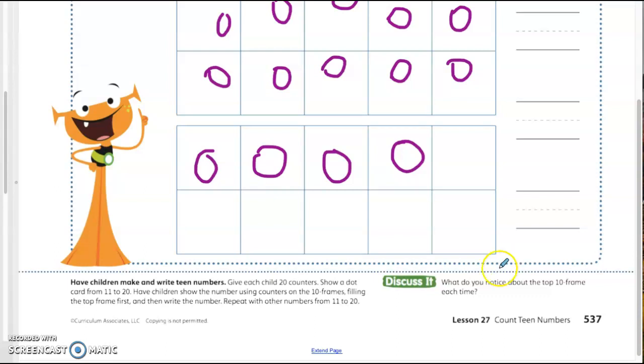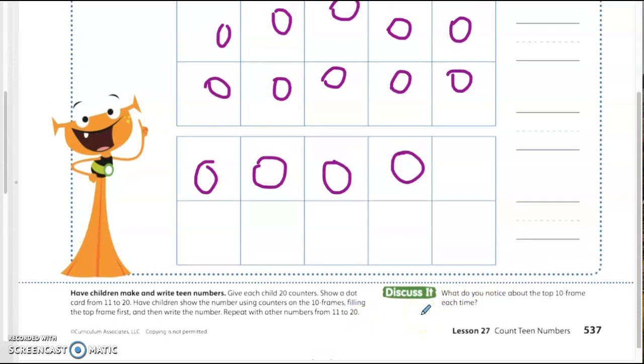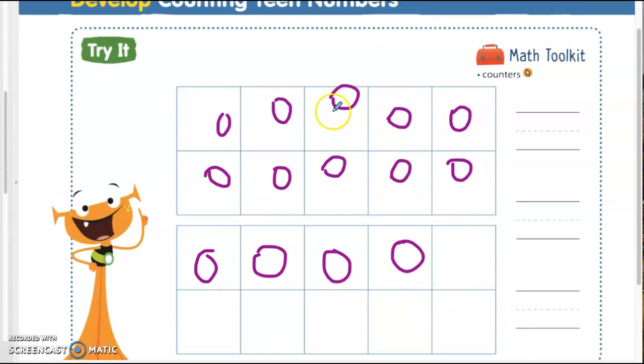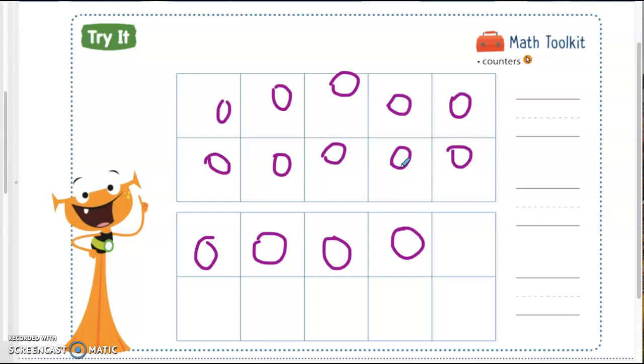Repeat with other numbers from 11 to 20. Then what do you notice about the top 10 frame each time? So if we're talking about filling the top 10 frame each time you make a teen number, you should notice, well, the 10 frame is always full. So then you can just add from 10.